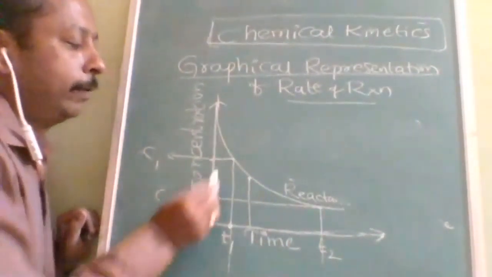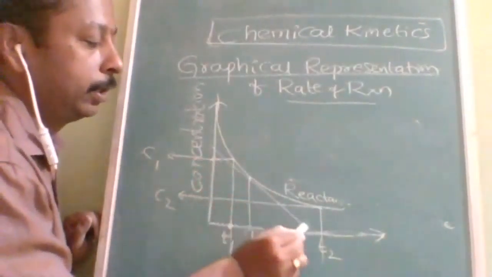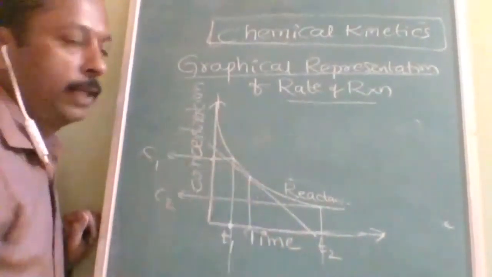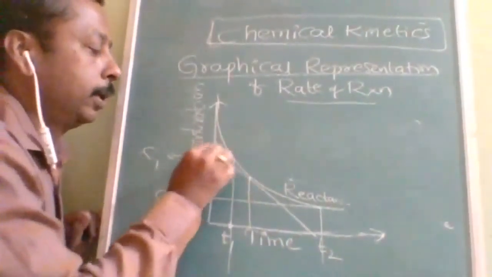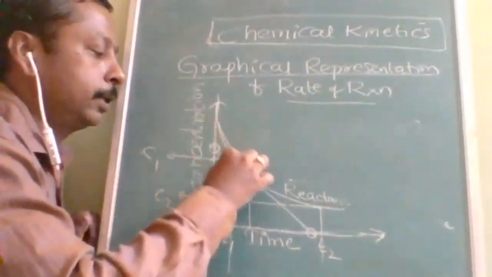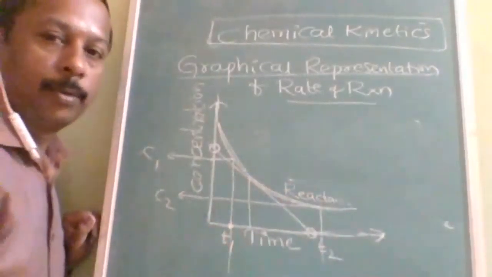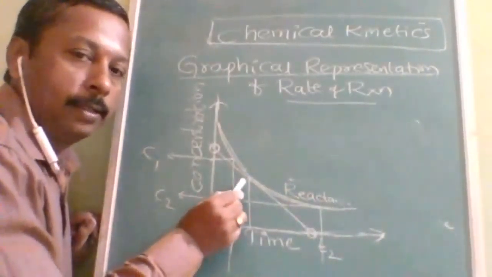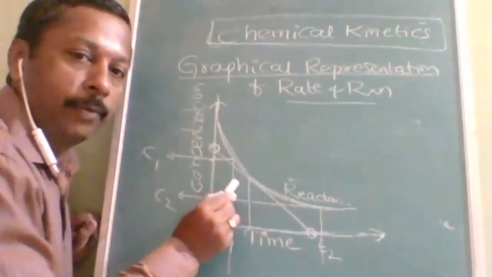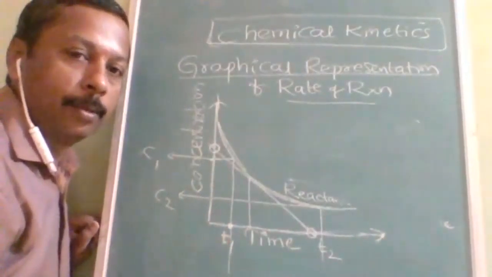We will make a tangent to the curve at the point they want, touching the curve. Then the slope of the tangent at that point of time will give you the rate of reaction. Is it understood?